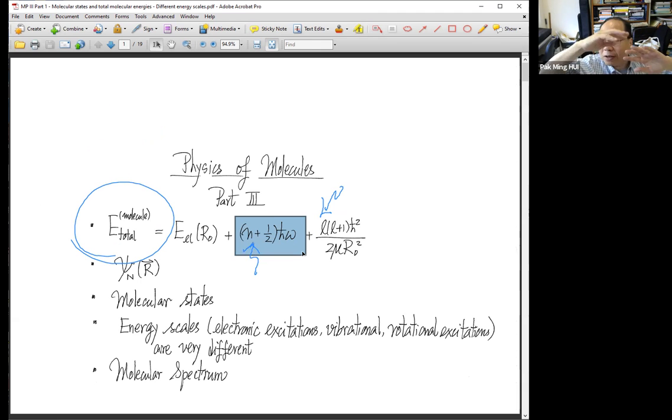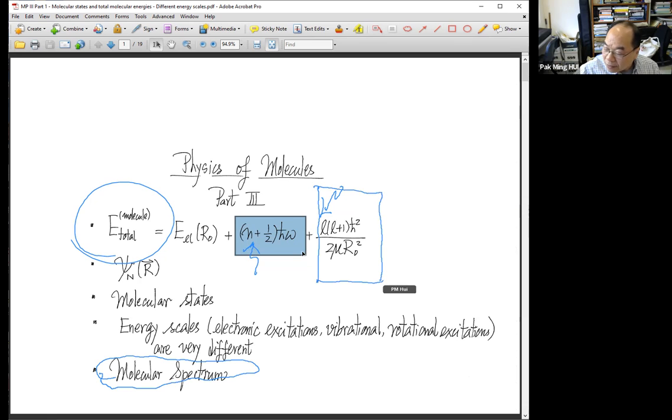Transitions between such allowed energies of the whole molecule will give us signals called molecular spectrum. If the transitions are only between rotational levels, that means n is the same, no transition between different n's, you will get a pure rotational spectrum of the molecule. That will be useful to get the bond length. From the data, you can get R0.